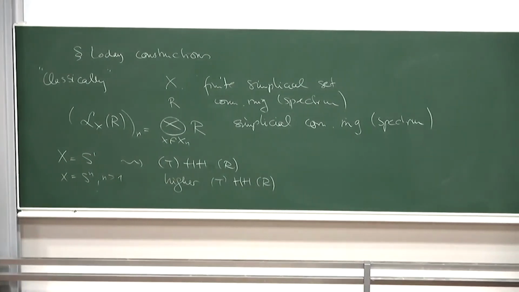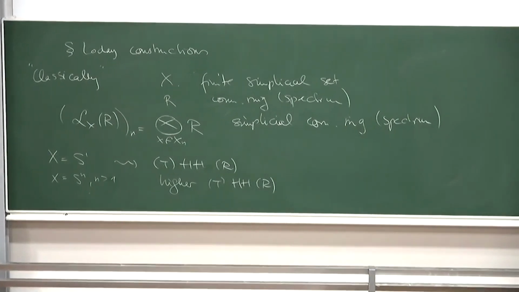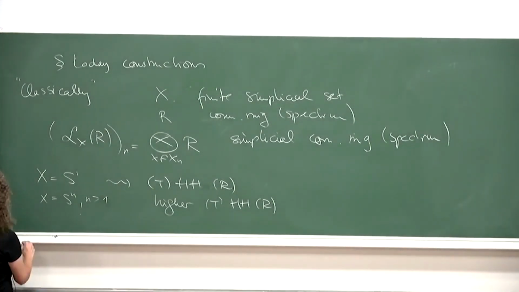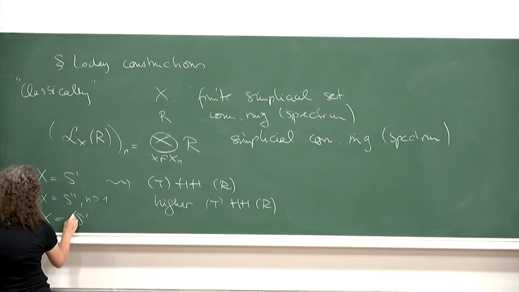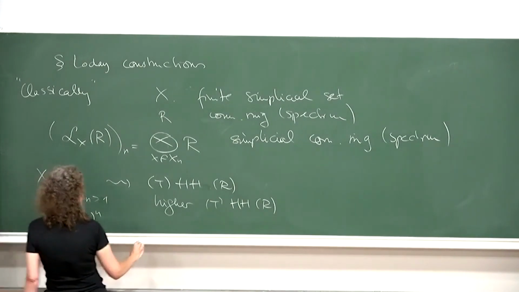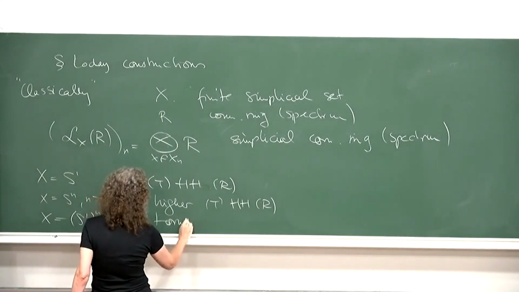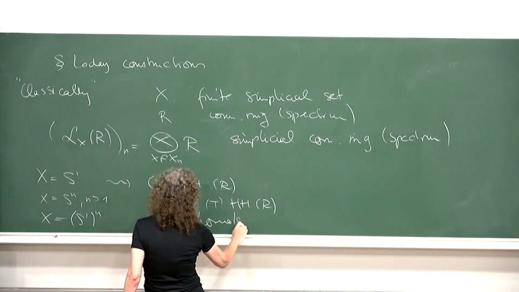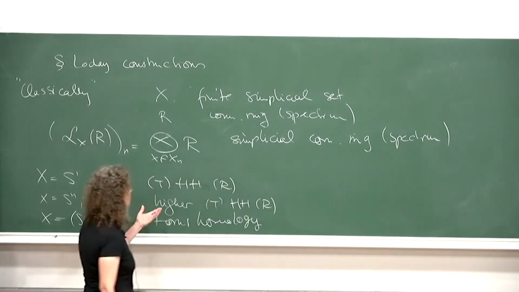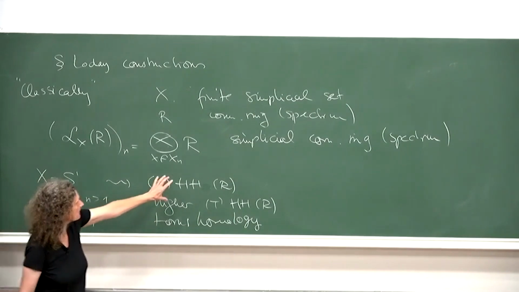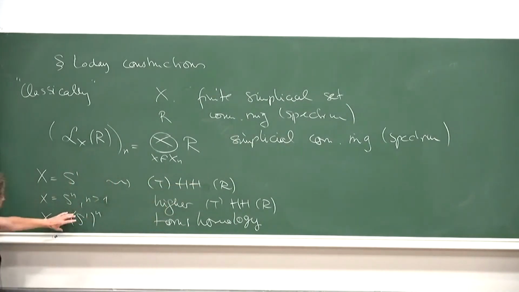Or if you take the torus, then this actually does relate to K-theory. So this is torus homology. You have a trace map from K-theory to THH. If you have an n-torus, you get an iterated trace from iterated K-theory down to torus homology.